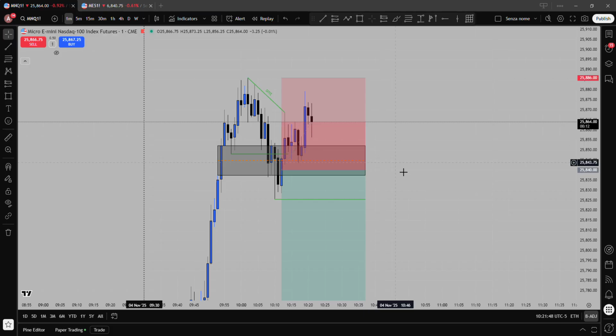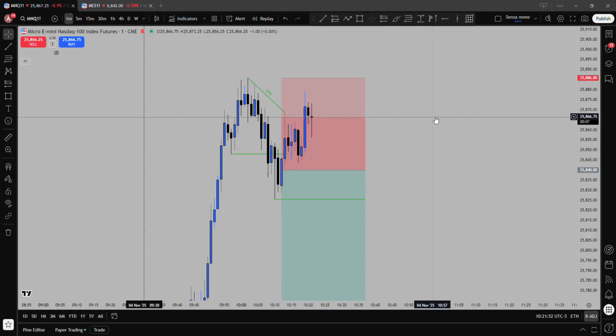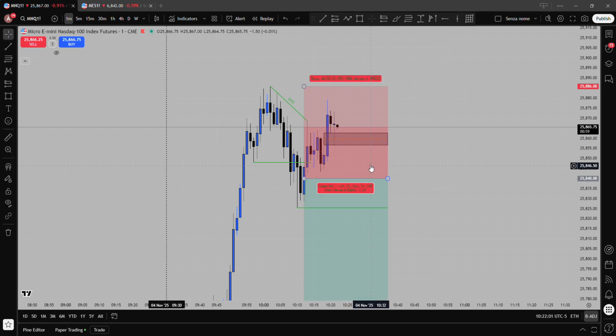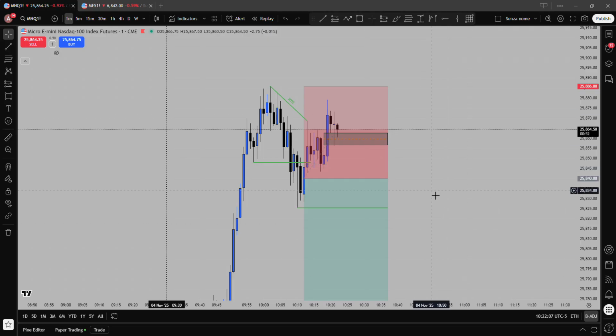We are moving pretty good. Actually, I don't like this wick here. But if we can end up inverting this fair value gap, probably we're just gonna rip lower without even looking back.